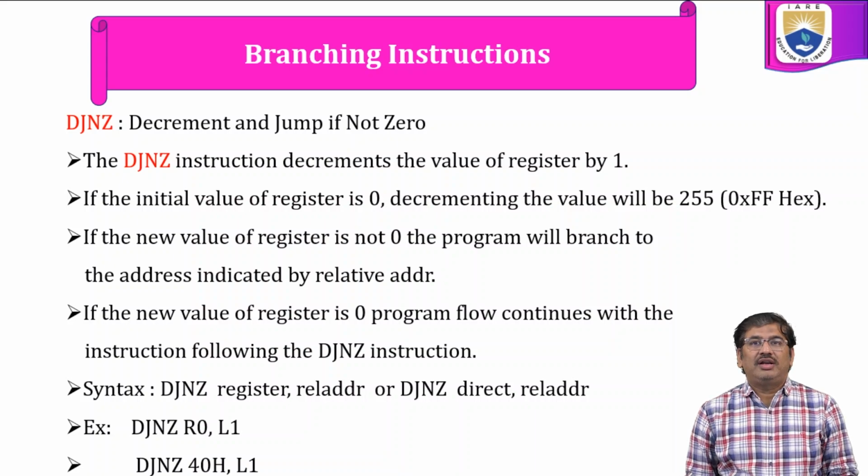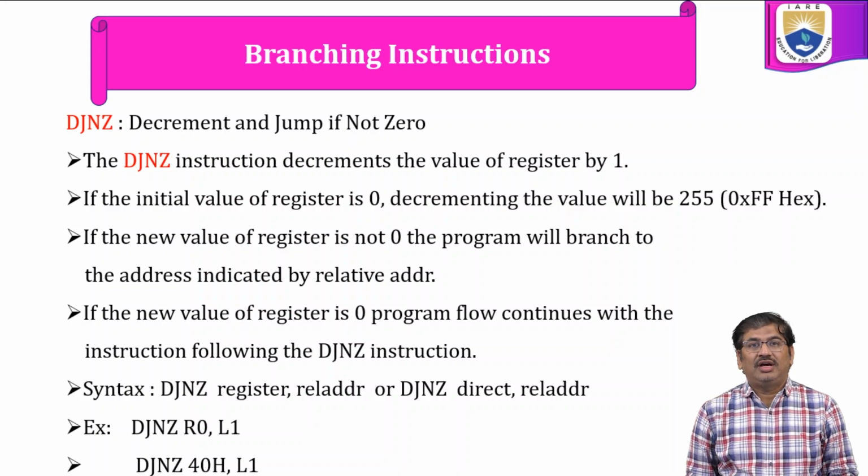So if the new value of the register is not 0, the program will be branched to the address indicated by the relative address in the instruction. If the new value of the register is 0, the program continues with the instruction following the DJNZ instruction. The syntax of the instruction is DJNZ register, comma, relative address.